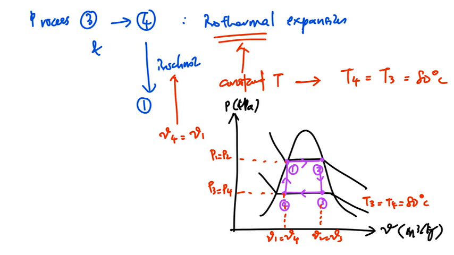If we plot each point on the PV diagram, we have the PV diagram as shown in this slide, which is a cycle process, state 1 to 2, 2 to 3, 3 to 4, and 4 to 1, with P1 equal to P2, P3 equal to P4, as well as T3 equal to T4, V1 equals V4, and V2 equals V3.